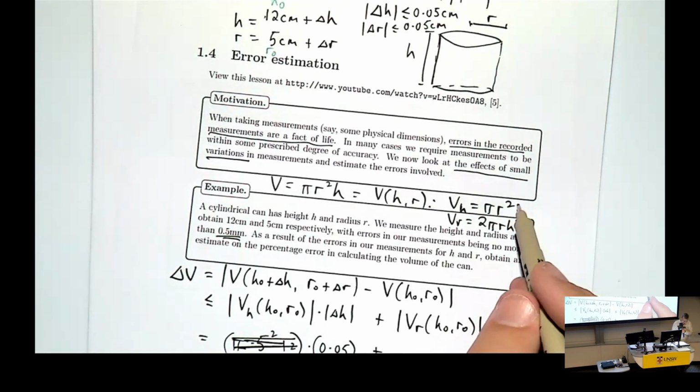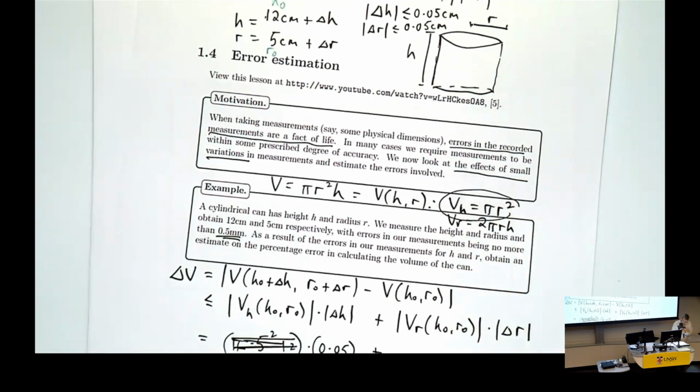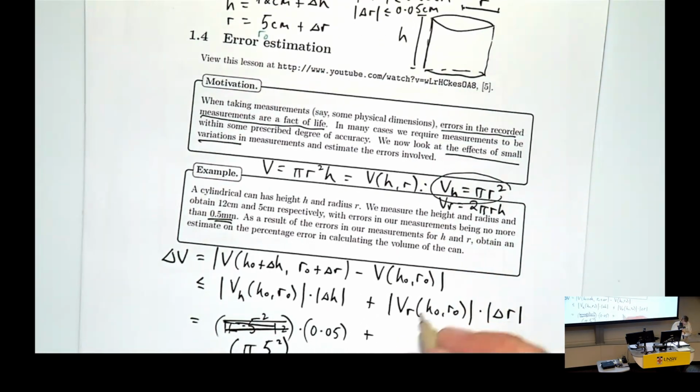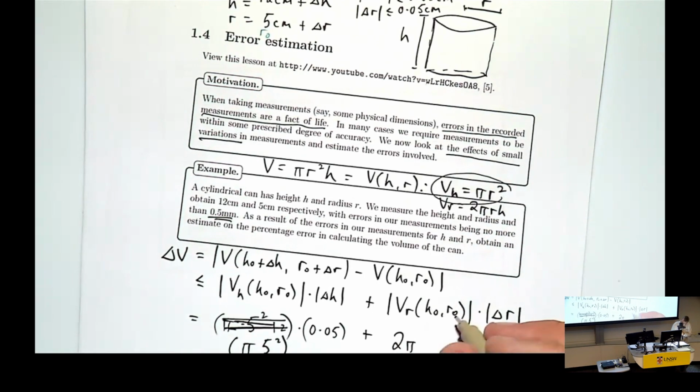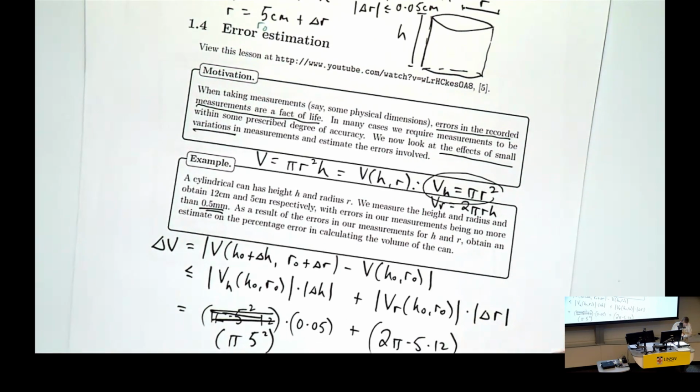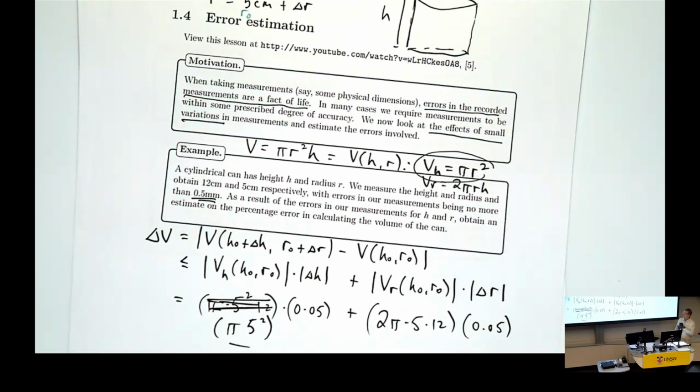Okay, so that's going in there. And this one's going to be 2 pi times 5 times 12. And now it's just a game of simplifying it. Now remember, Mobius can simplify these expressions. Okay?